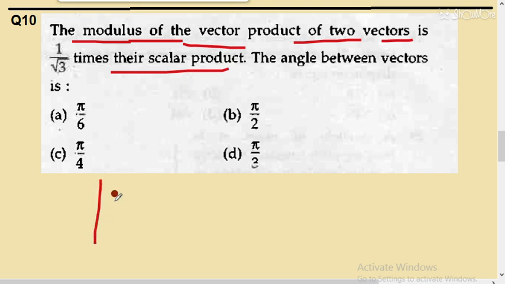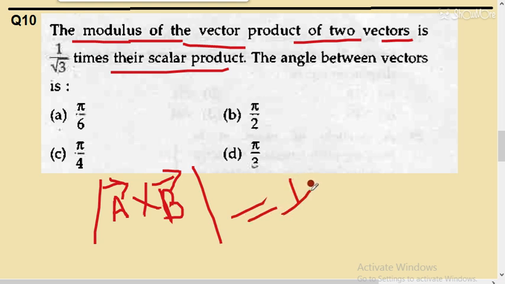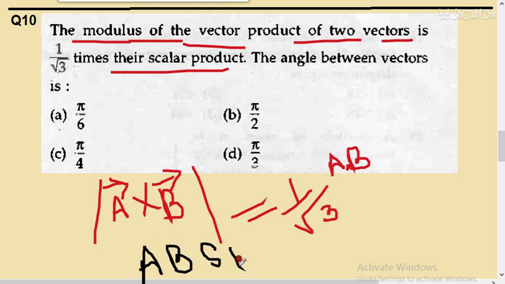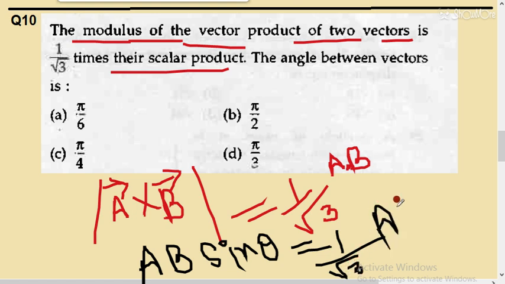So modulus of A cross B means magnitude of A cross B. So the magnitude of A cross B is equal to 1 by under root 3 times the scalar product A dot B. If I put in the values, A cross B is equal to AB sin theta, that is equal to 1 by under root 3 times AB cos theta.